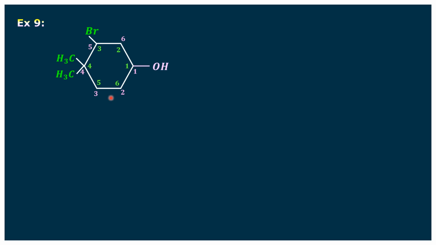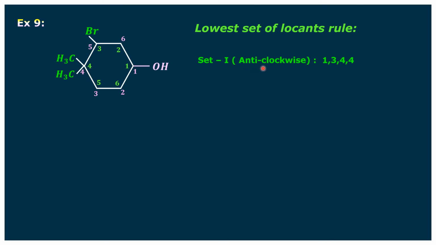So which way of numbering is correct? To know that, we have to use the lowest set of locants rule. Set 1, anti-clockwise locants are 1, 3, 4, 4. Set 2, clockwise locants are 1, 4, 4, 5. Now we have to compare these two sets of locants term by term.